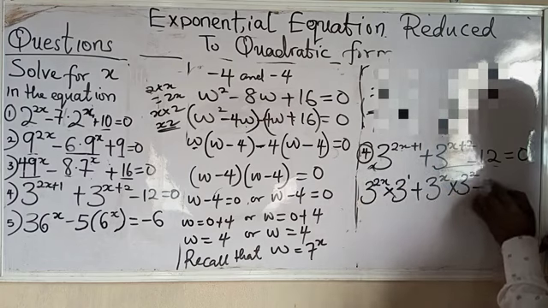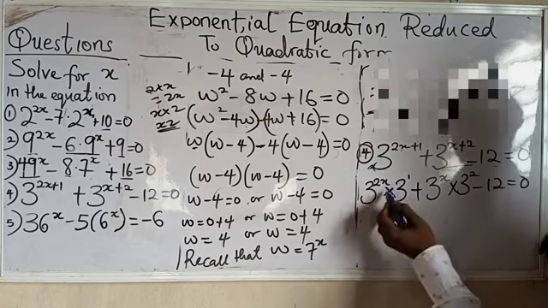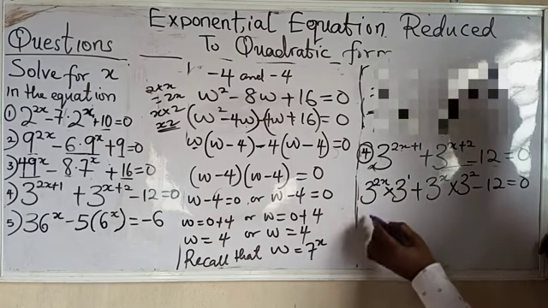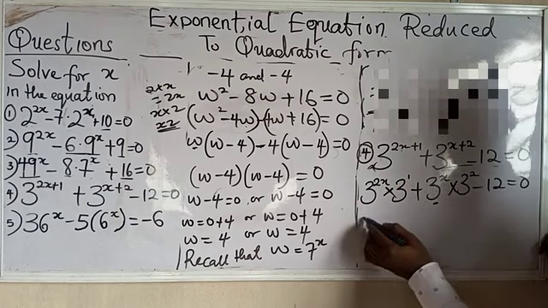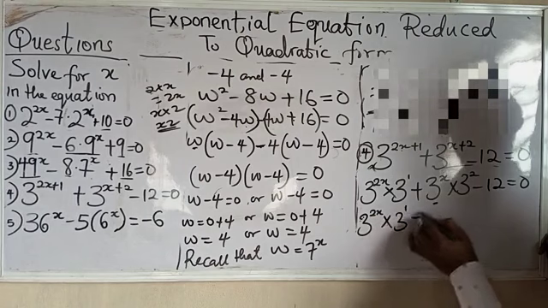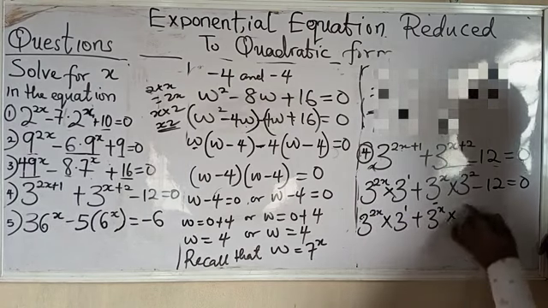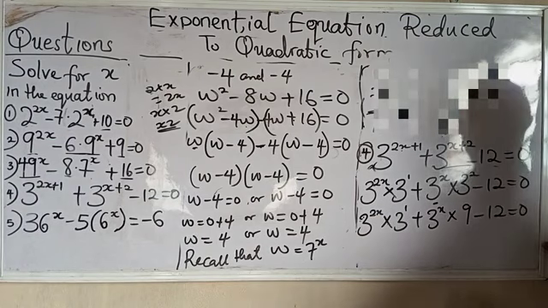So that's how it's going to be broken down, equals 0. So then using that method, let me just rewrite this: 3 raised to power 2x times 3, plus 3 raised to power x times 9, minus 12 equals 0.